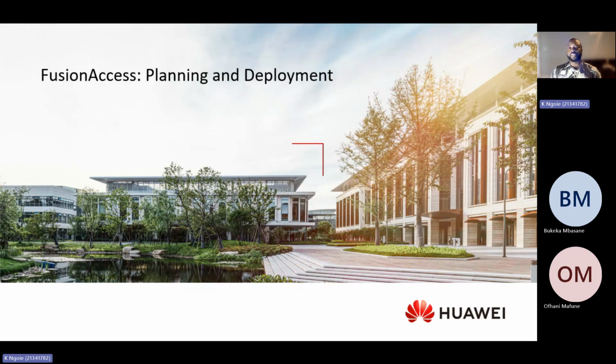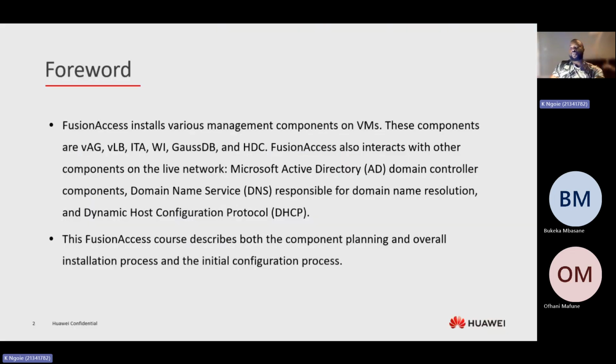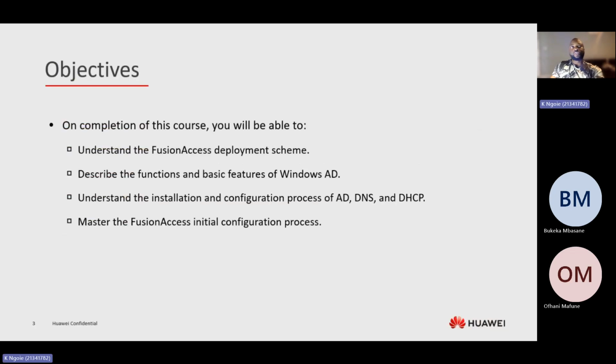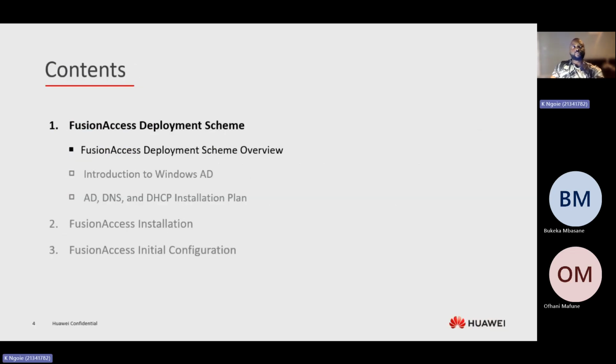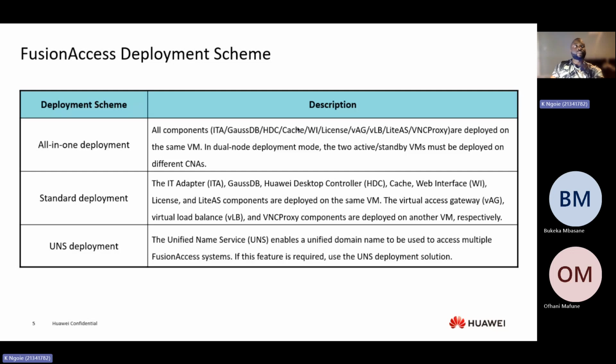All right, so that's how the whole planning and deployment is going to be. With that, we're going to have different types of deployment. We can have an all-in-one deployment, a standard deployment, or a UNS deployment.